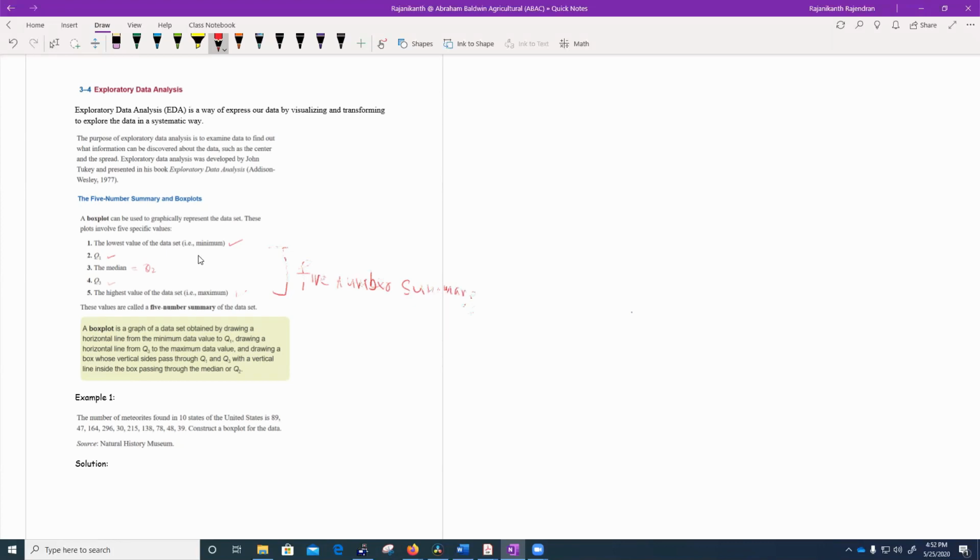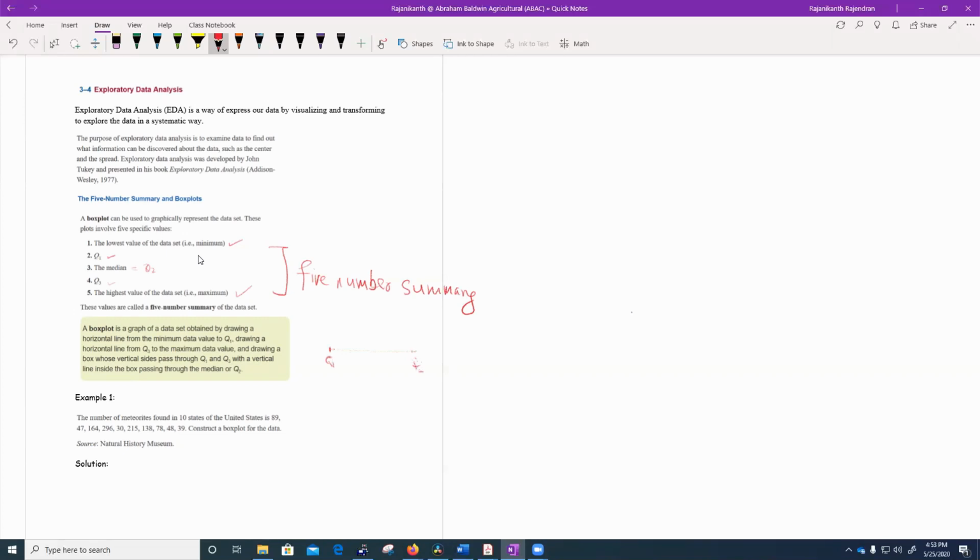Okay, so once you have five numbers from your data set, now we are going to draw a box plot. How do you draw a box plot? Follow these steps. A box plot is a graph of the data set obtained by drawing a horizontal line from Q1 to Q3.